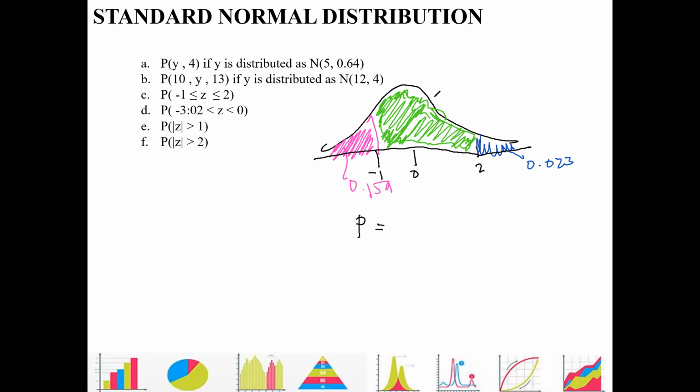Ma-minus natin siya sa 1 because the whole area is 100%. So 1 minus 0.159 plus 0.023. And what's the value? What is the value?